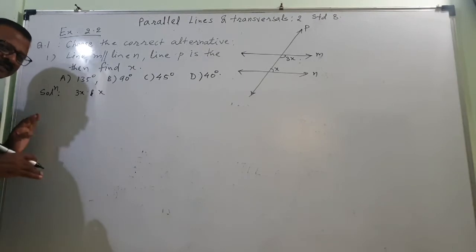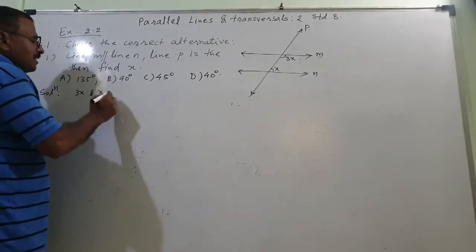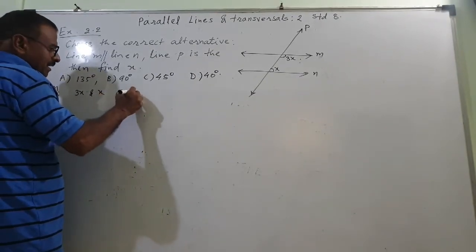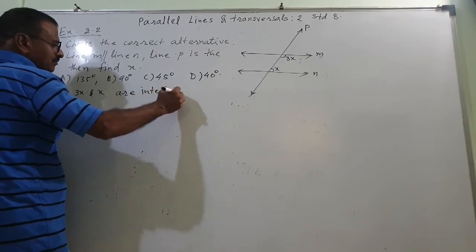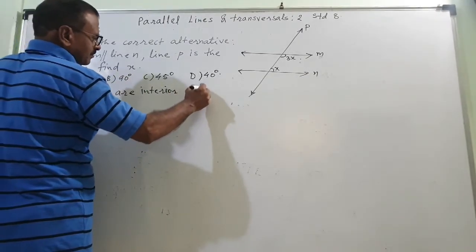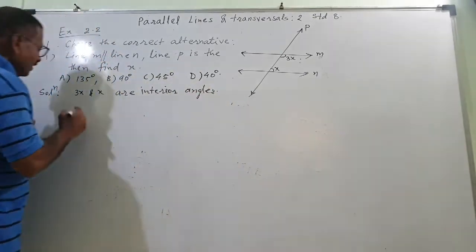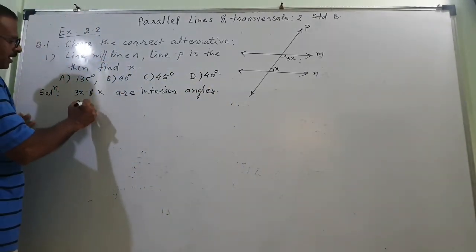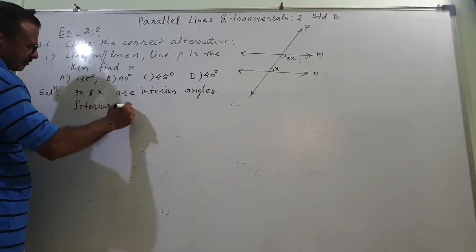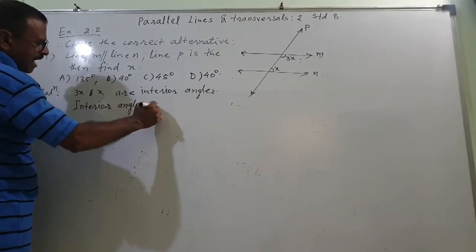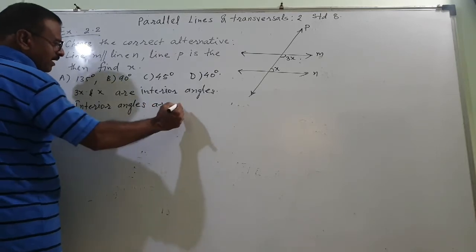For your explanation I am just writing it. 3x and x are interior angles. Interior angles are supplementary.